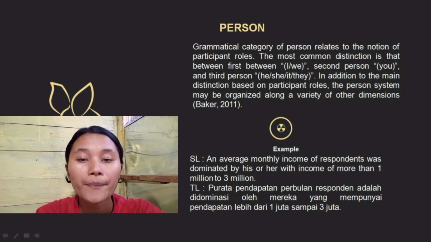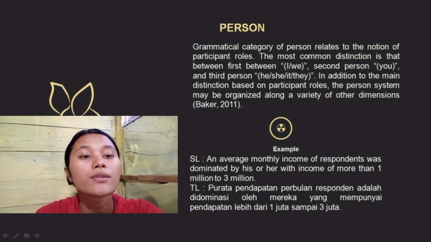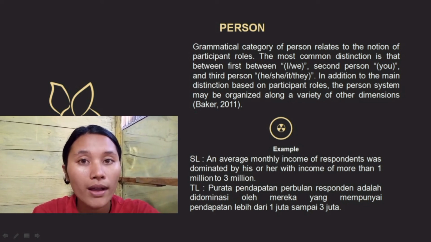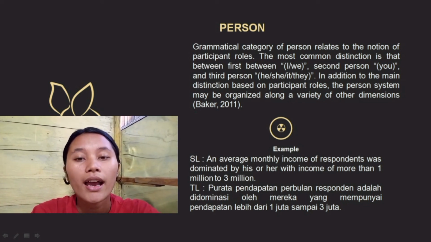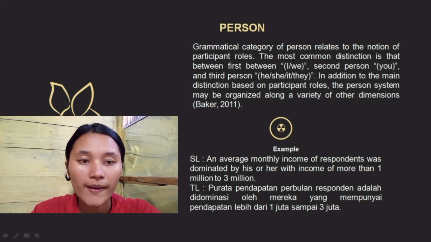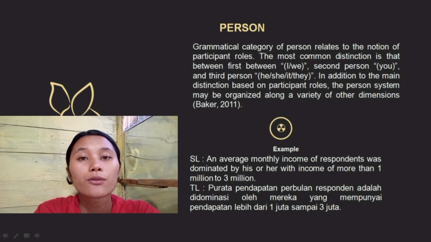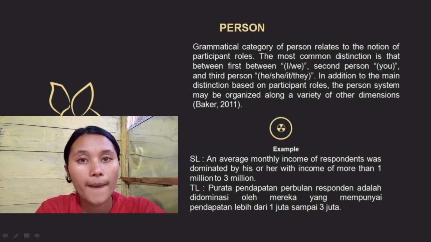For example, in source language, an average monthly income of respondents was dominated by his or her income of more than 1 million to 3 million. In target language, it means rata-rata pendapatan per bulan responden adalah dominasi oleh mereka yang mempunyai pendapatan lebih dari 1 juta sampai dengan 3 juta.